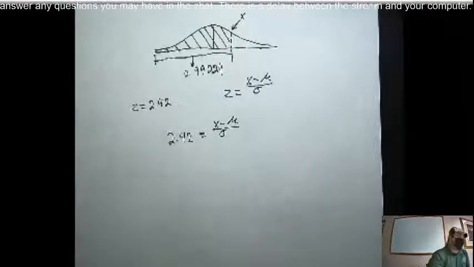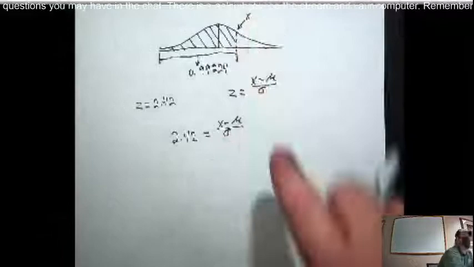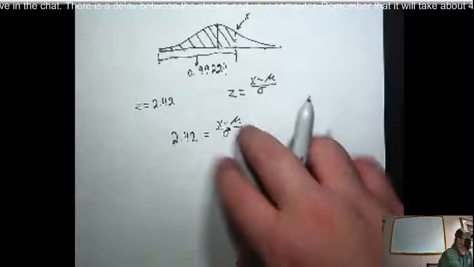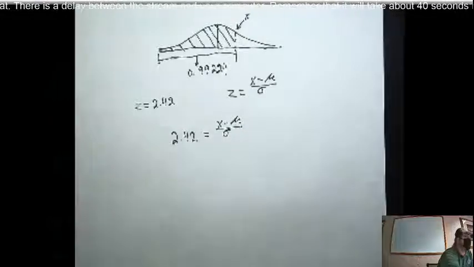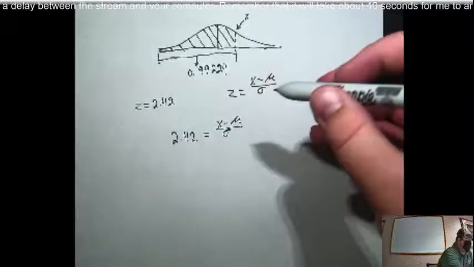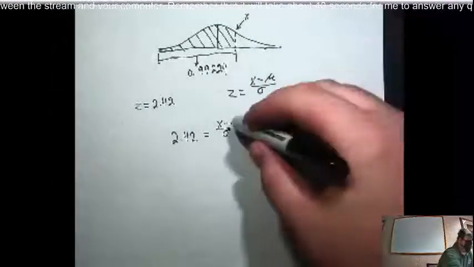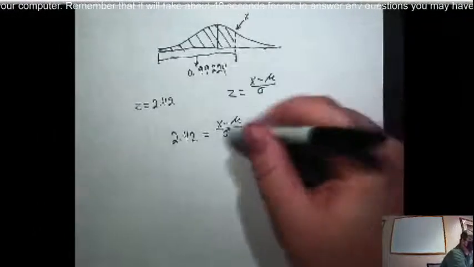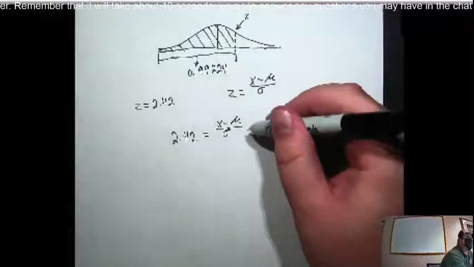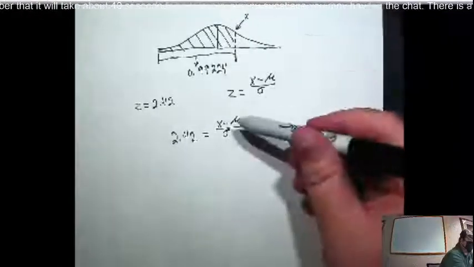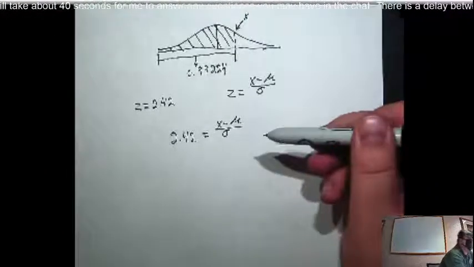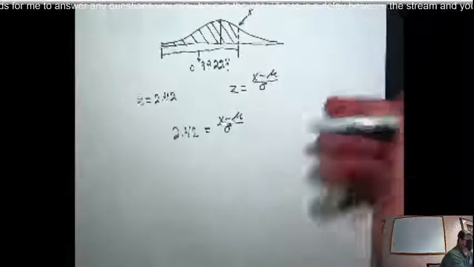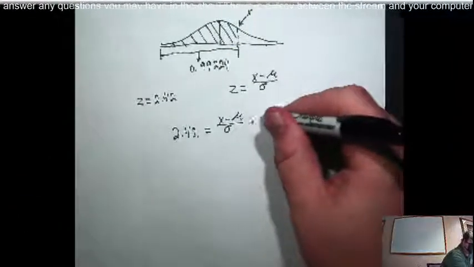All right, well, again, we want to find x, which means we need to solve for x. In other words, get x by itself in this equation. Fractions suck, don't they? So let's try to get rid of this fraction first, because it's making it hard to solve this thing. We're dividing by sigma right now. That's what's making this fraction. So what would be the opposite of that? How would we cancel it? Yeah, multiply by sigma.